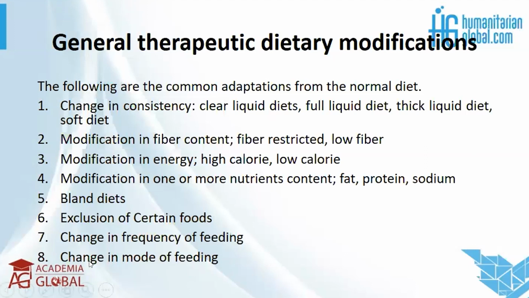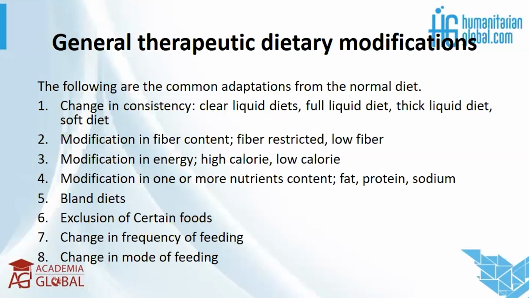And then we'll mention just a little bit about change of mode of feeding, because this one we do in another part of a topic called nutrition support. Sometimes patients are not able to feed normally because of the conditions that they may have. The normal way is oral way, where we put food in our mouth, we chew it and we swallow it and we digest it. But in some conditions, this may not be possible.